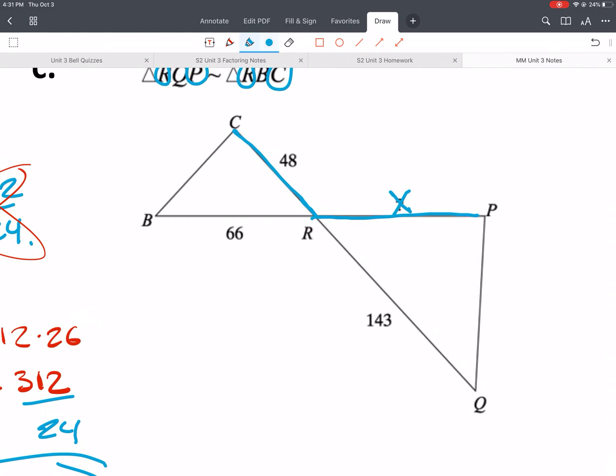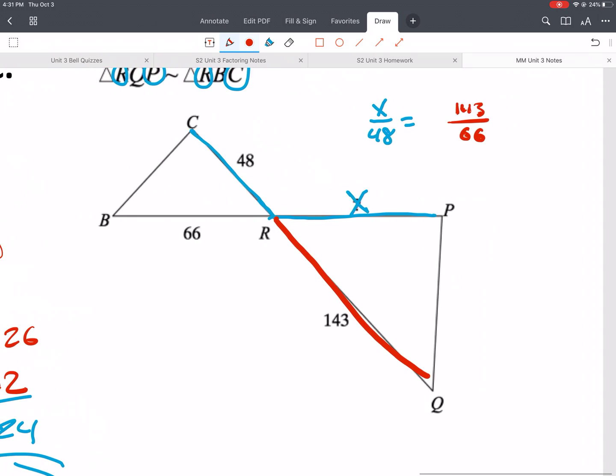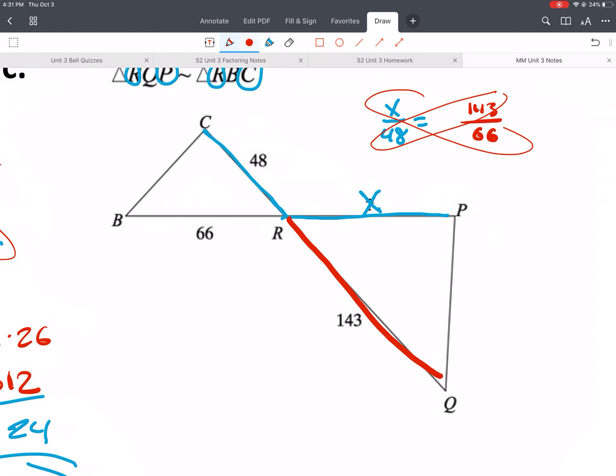All right, so we'd do X over 48 is equal to, and then since we're doing X on top, we need to do 143 on top over 66. So big triangle over small triangle. Cross multiply, we get 66x is equal to 48 times 143. 48 times 143 gives us 6,864 equals 66x.